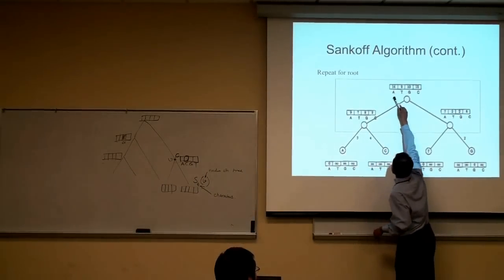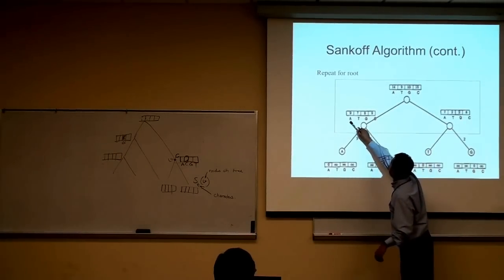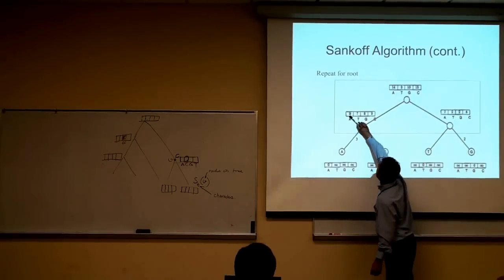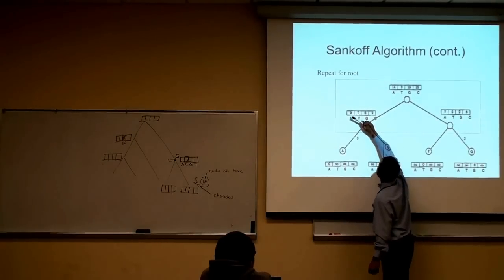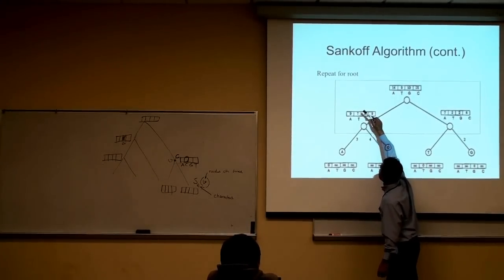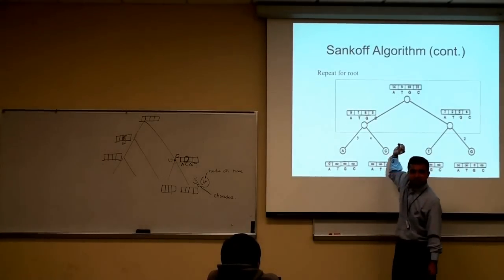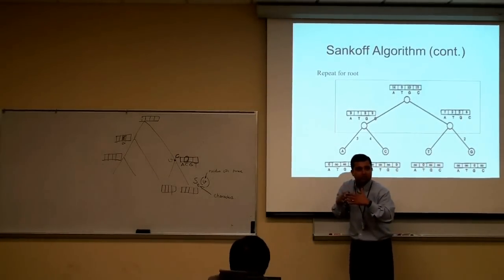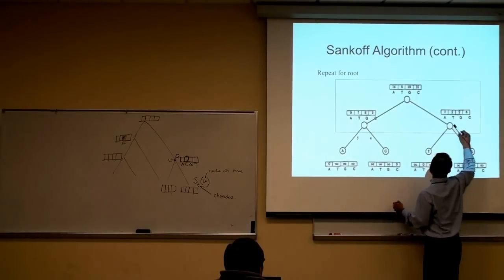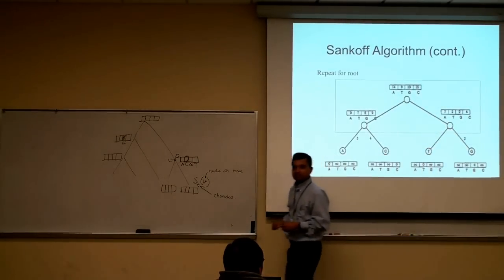If you want to place an A here, then you'll have to consider all 4 options for this point. If you also place an A here, then you get 9 plus 0. If you place a T here, then 7 plus whatever is the distance between A and T, and so on. So you have 4 options, take the min of those 4 options. Similarly, min of 4 options there, and ultimately you add them up, you get 14.